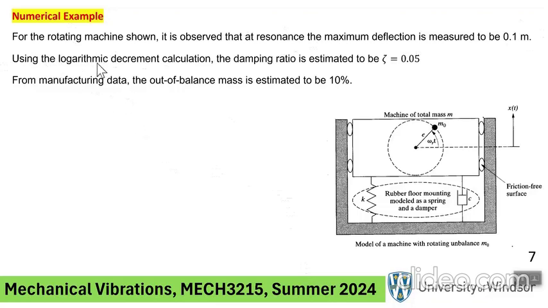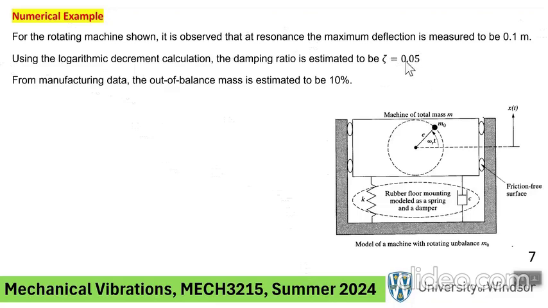Now, based on logarithmic decrement based on the measured data, remember, you can estimate the damping ratio, and it says suppose that we did that and came up with 0.05.